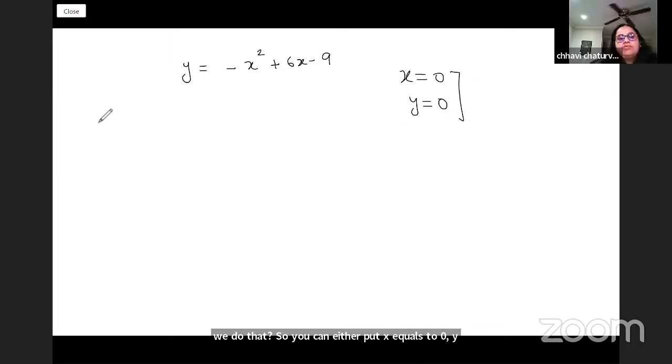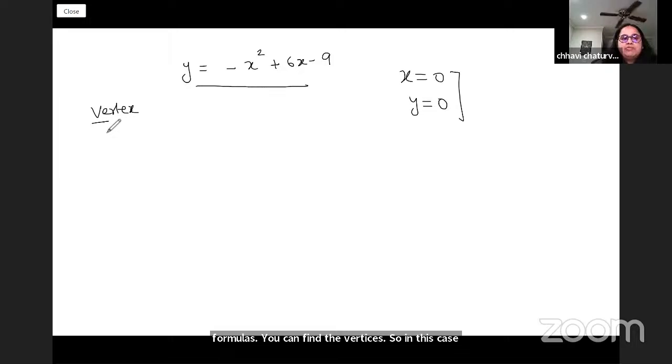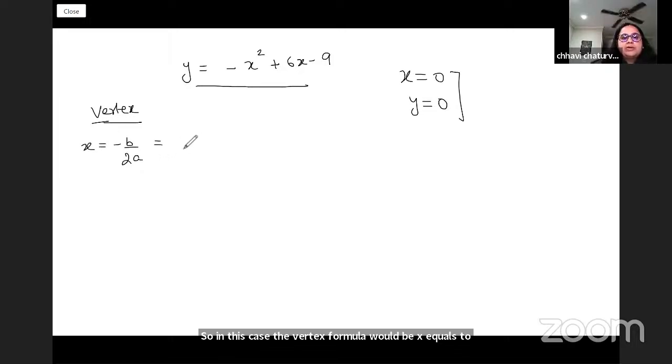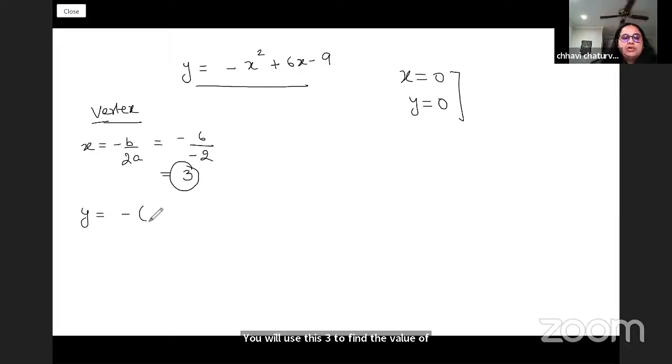Or you can find the vertex using the formulas. In this case, the vertex formula would be x equals -b over 2a, -6 over -2 or +3. You will use this 3 to find the value of y. And then you will create a table using the neighbors.